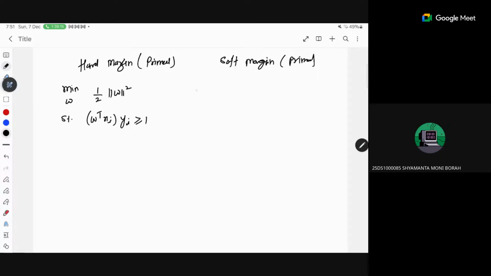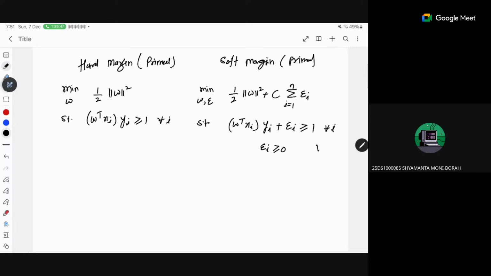Soft margin formulation is minimize over W, epsilon, half W square plus C summation of I equal to 1 to n epsilon I, such that W transpose xi yi plus epsilon I is greater than or equal to 1 for all I.